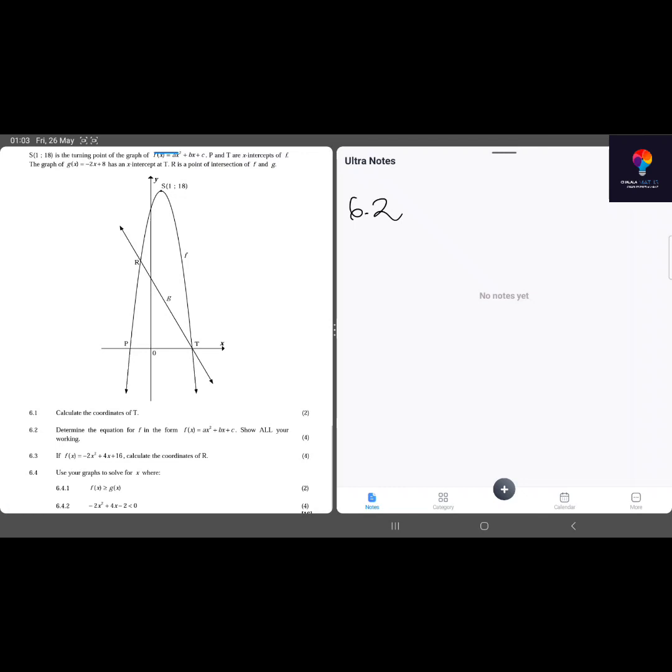So f is the parabola, and this is the form the equation must be in. We have the turning point, and we have the coordinates of T. I believe in that case it will also help us.